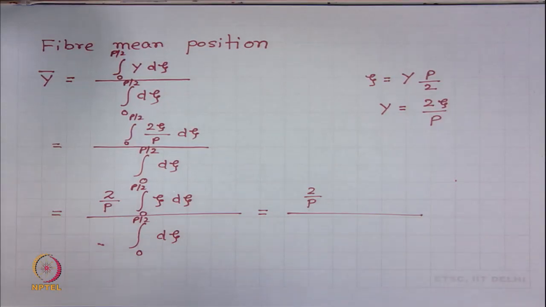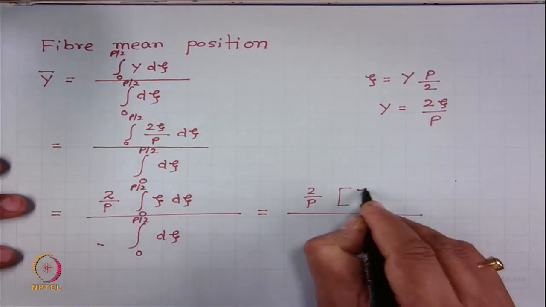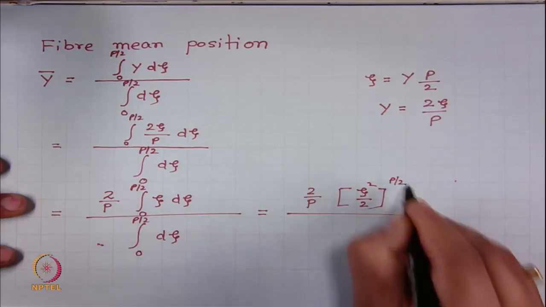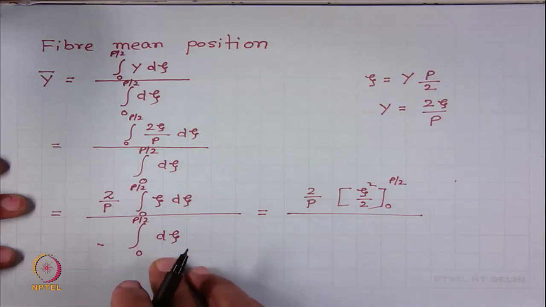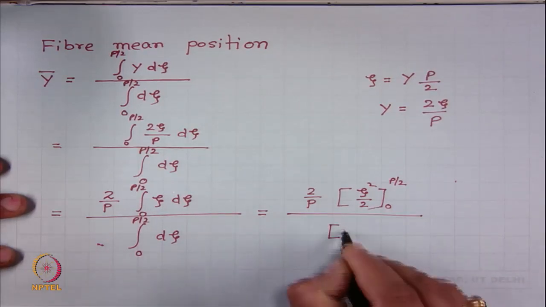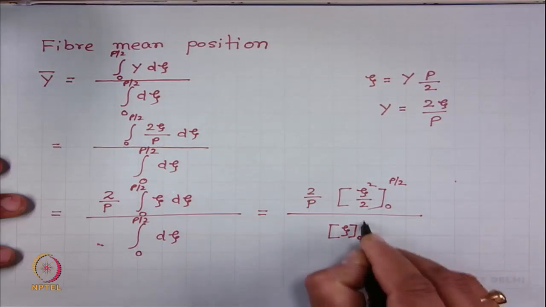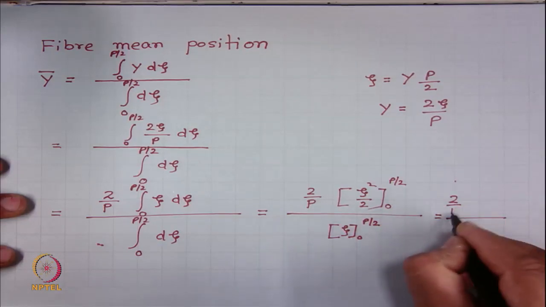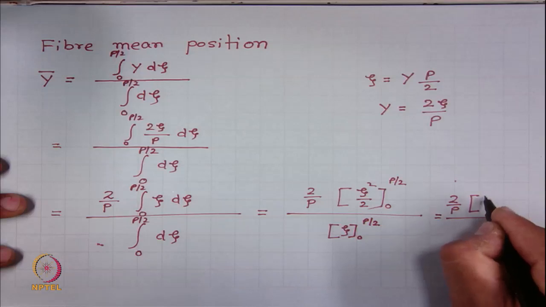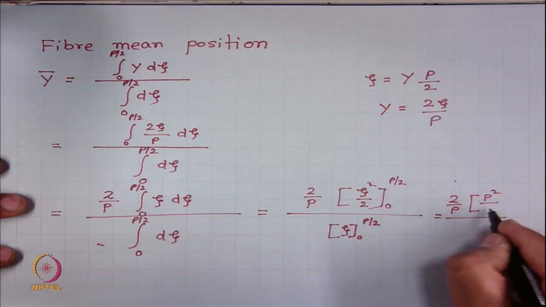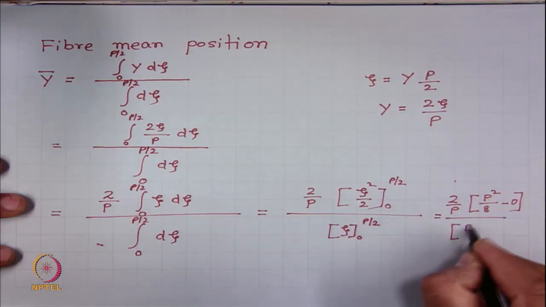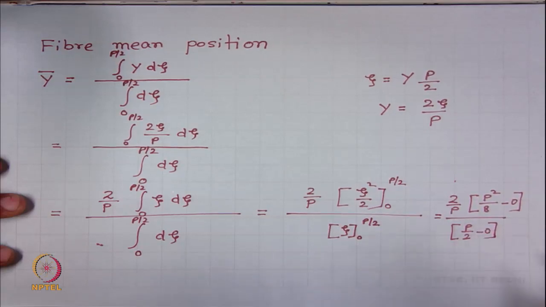Integration zeta d zeta, zeta square by 2. Integration d zeta, zeta. So, 2 by p into p square by 8 minus 0. Here it is p by 2 minus 0.